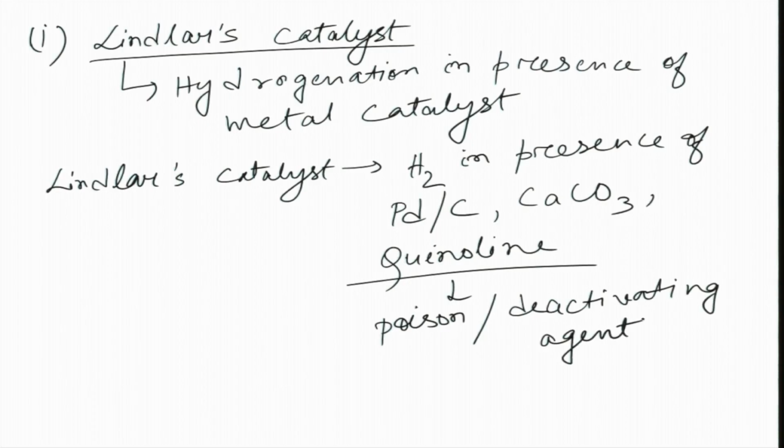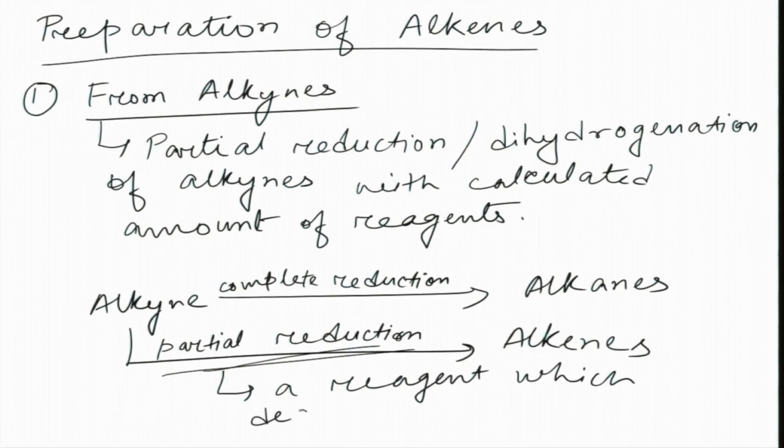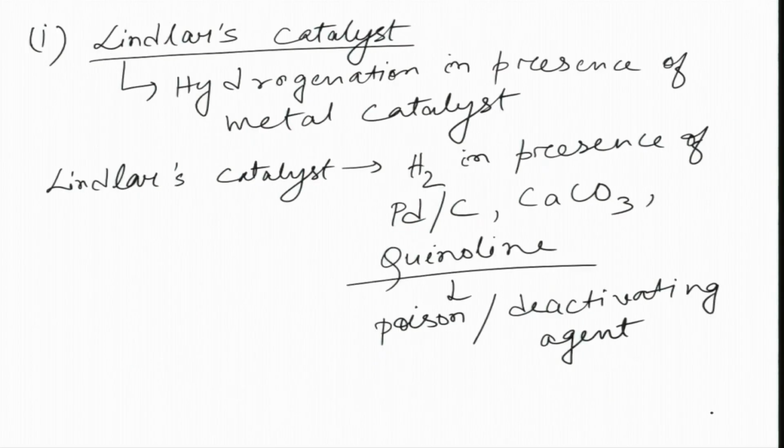For the conversion of alkynes to alkenes, we require partial reduction. So we need a reagent which deactivates the reaction, that is, controls the reaction at an intermediate position.